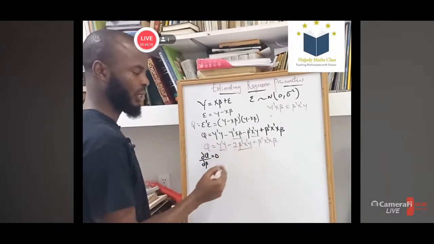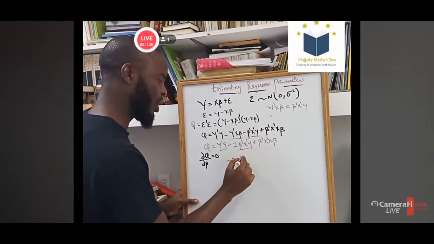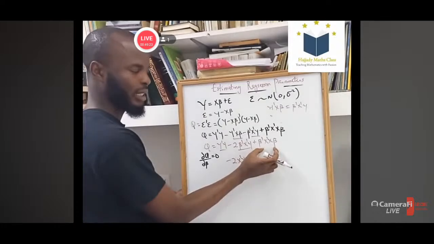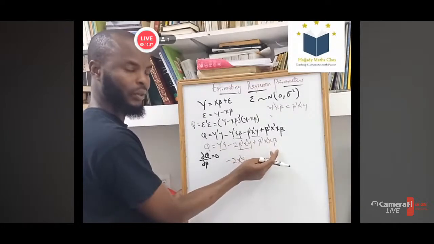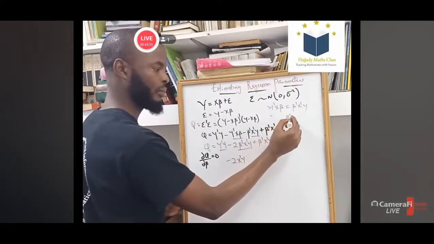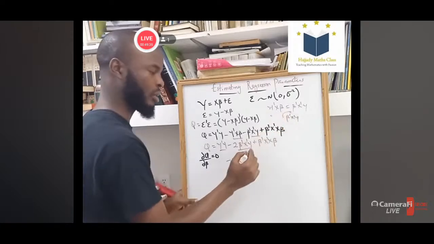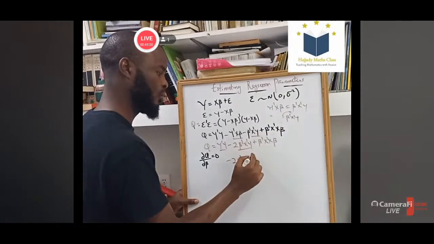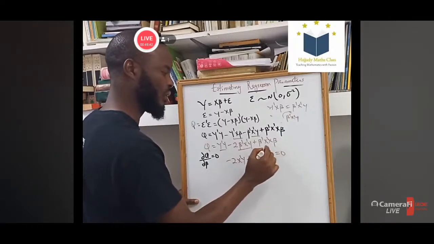Differentiating this with respect to beta, I'm going to have negative 2x prime y. Differentiating this with respect to beta, it's like having beta squared, so the power comes to the front. So we have 2x prime x beta equals 0.